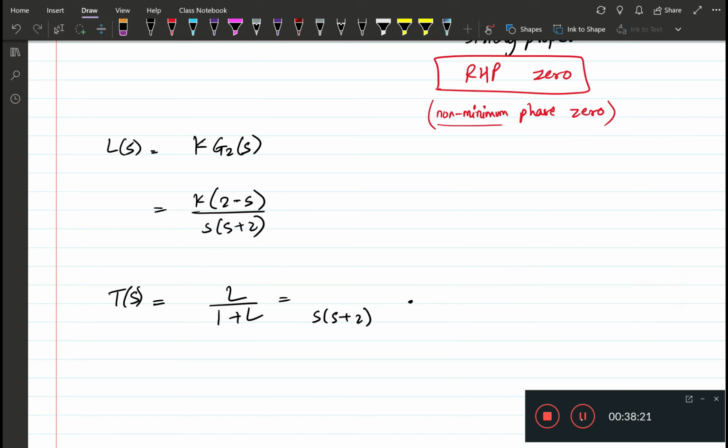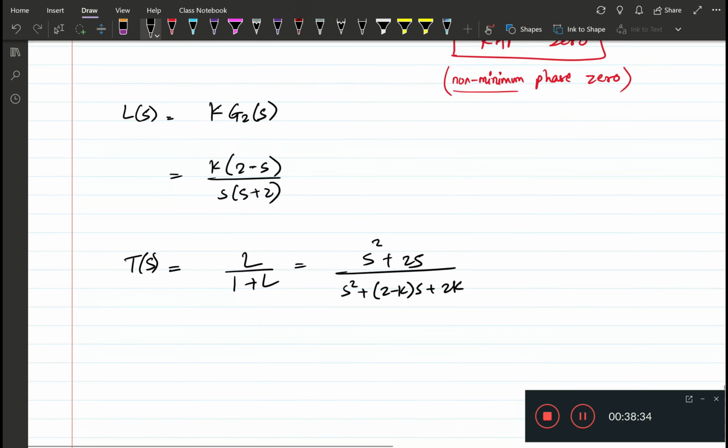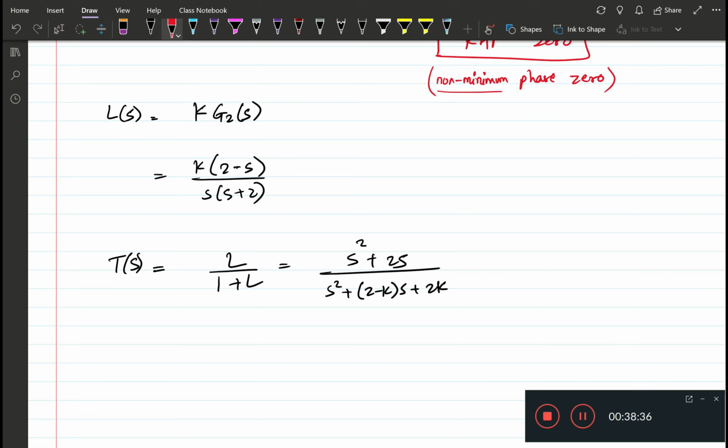Let me just write down the final one, which is (s squared plus 2s) over (s squared plus (2 minus k)s plus 2k).